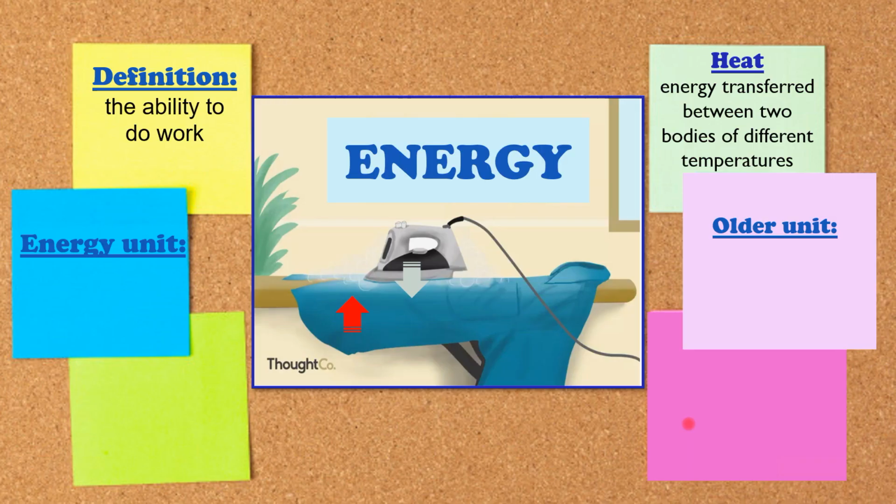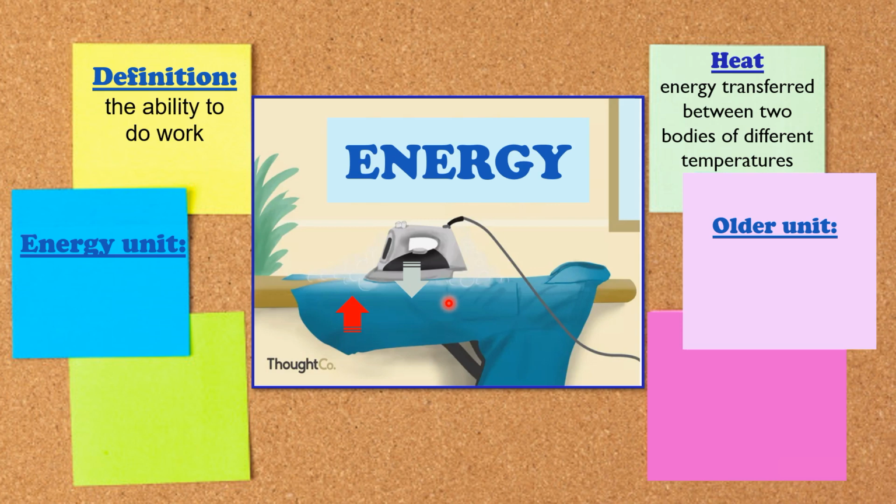Conduction occurs when two objects at different temperatures are in contact with each other. Heat flows from the warmer to the cooler object until they are both at the same temperature. The iron and the cotton shirt are in contact with each other, so there is conduction between them. Energy transformation: while ironing clothes, we take out their wrinkles and make them smooth.